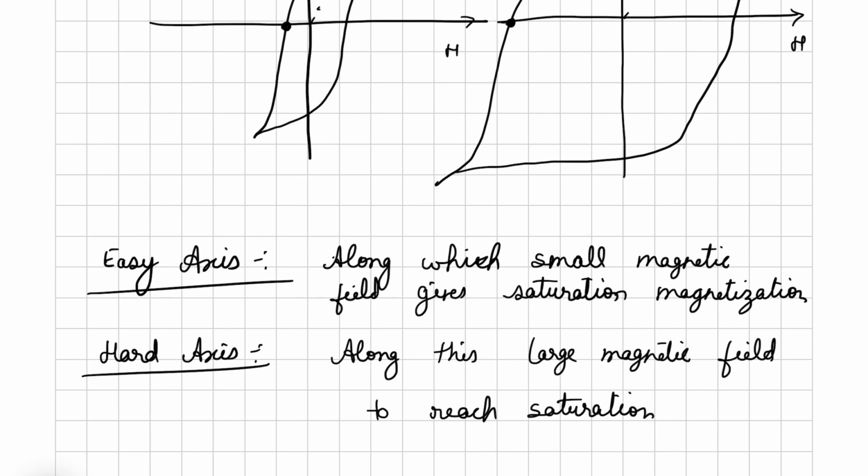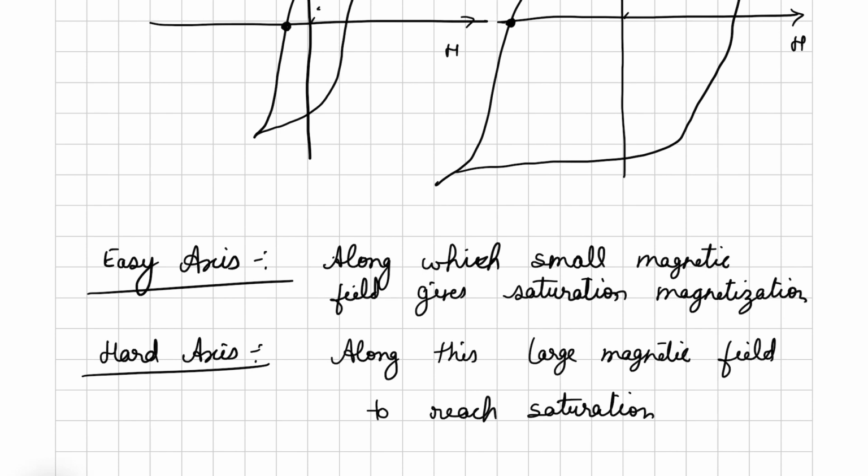However, if you apply your magnetizing field along the x-axis, you need a pretty large magnetic field along the x-axis such that all the spins align towards the x-axis. So that's what I mean by the easy axis or the hard axis. This was another set of definitions, and we also saw the practical aspects of the hysteresis loop.